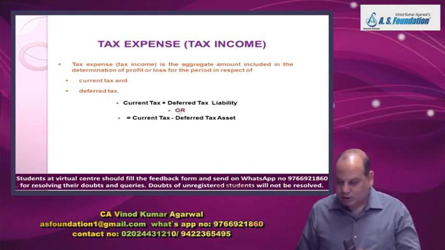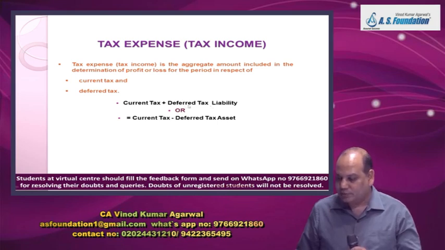And this is what I have added in this definition. If suppose there is a deferred tax liability because of the difference between account figure and tax figure, then I will add it to current tax. But if it is a deferred tax asset, I will deduct it from current tax. This is just right now for the beginners.